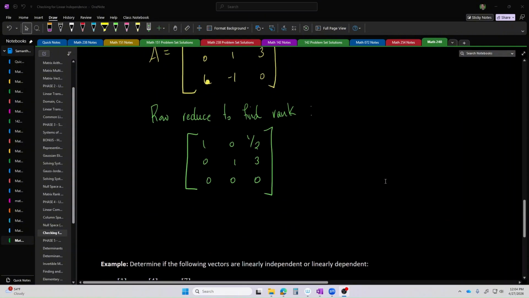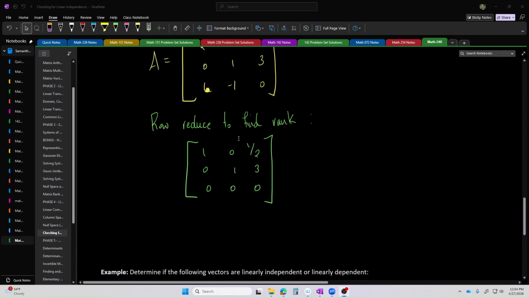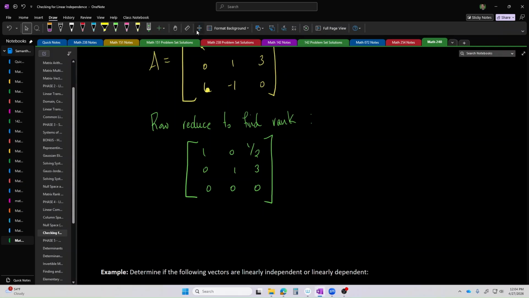Okay, here is the row-reduced version of this matrix A, and what I can see is that the rank of this matrix is only 2. So compared to the size of the domain of the matrix A, the size of the range is considerably smaller.